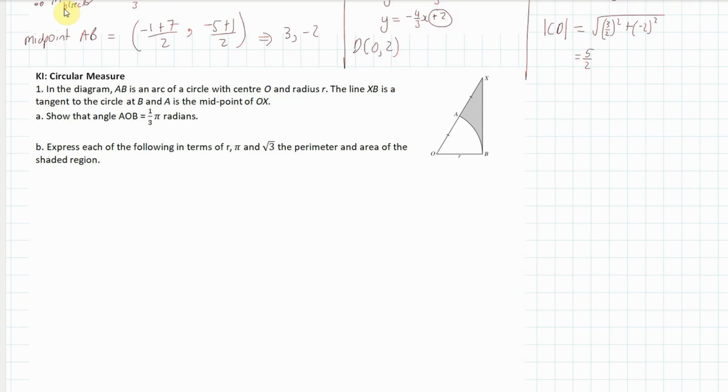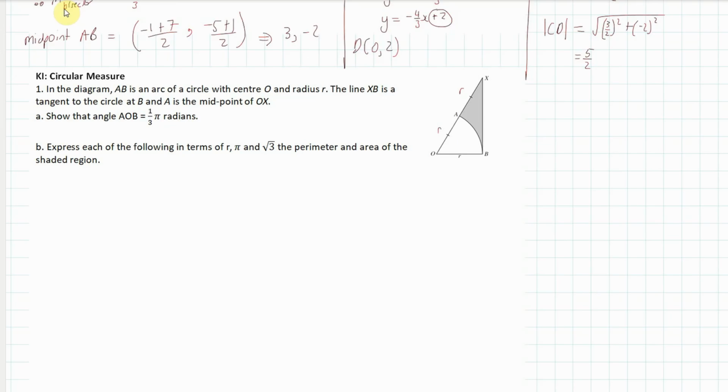And A is the midpoint there. Okay. Well, fine. So that means this is R and this is R. Okay. So show that angle OAB is 1/3 pi radians.